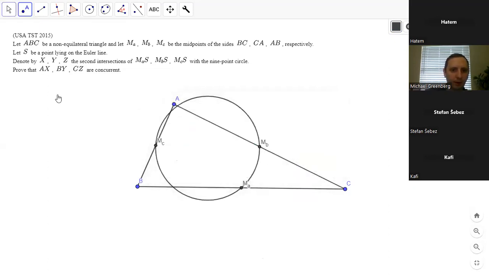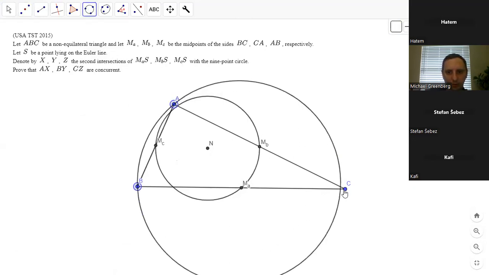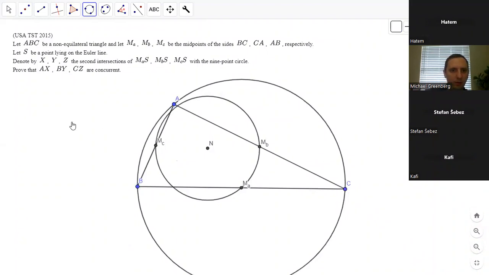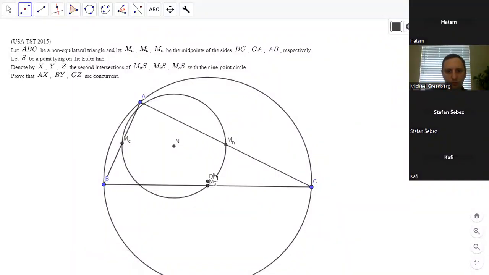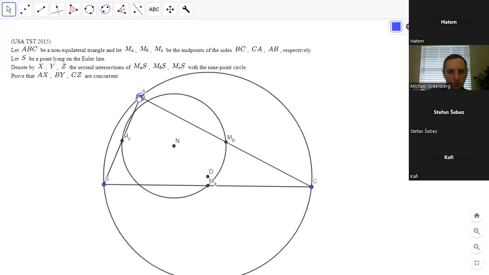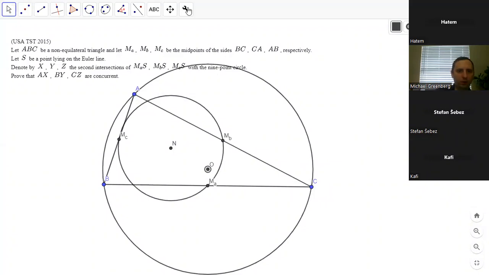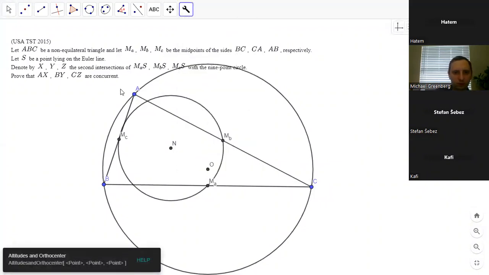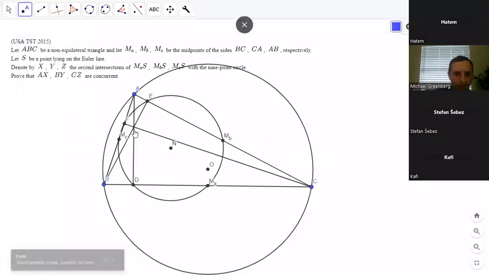And I'll call the center of it N. And then let's draw the circumcircle of ABC, and O is the center. This is O, and let's draw the orthocenter, which is H, and N is going to be the midpoint of OH.